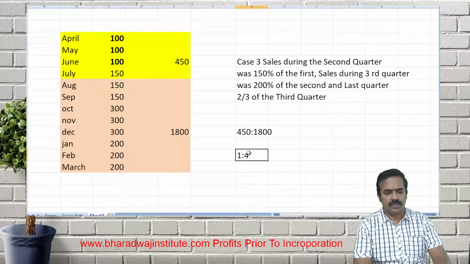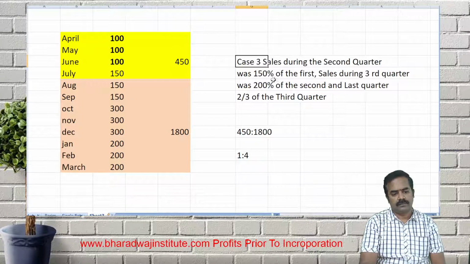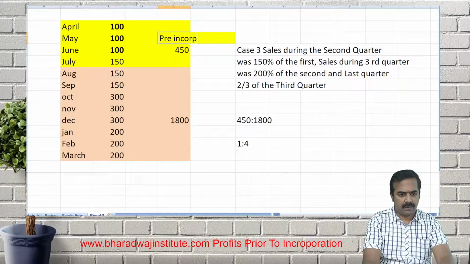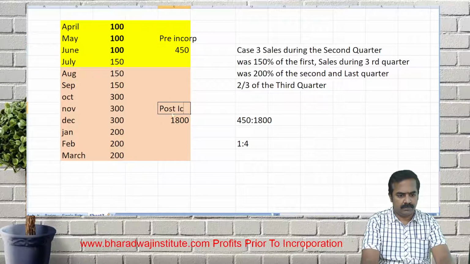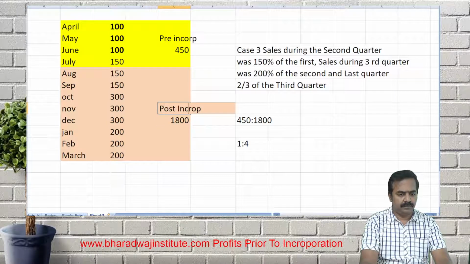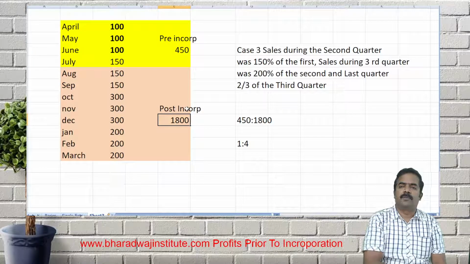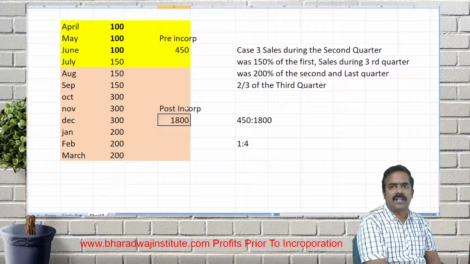So 1:4 is the ratio. Solving the problem will take only 2 or 3 minutes, but this working out of the sales ratio only matters.